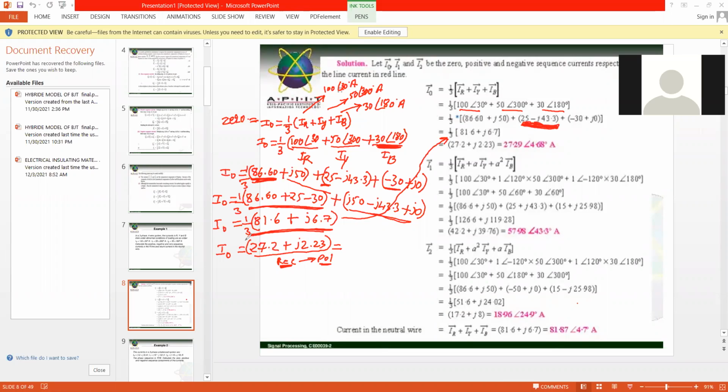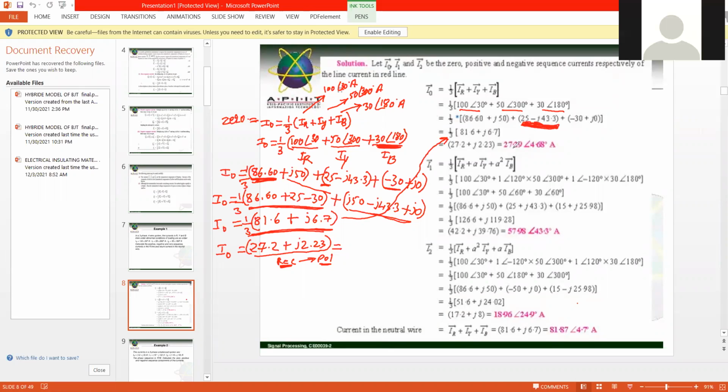I0 in polar, 27.2 comma 2.23. So get me the value of I0 in the polar form. 27.29. Very good. 27.29 at an angle of 4.68 degree ampere. This is the I0 current.